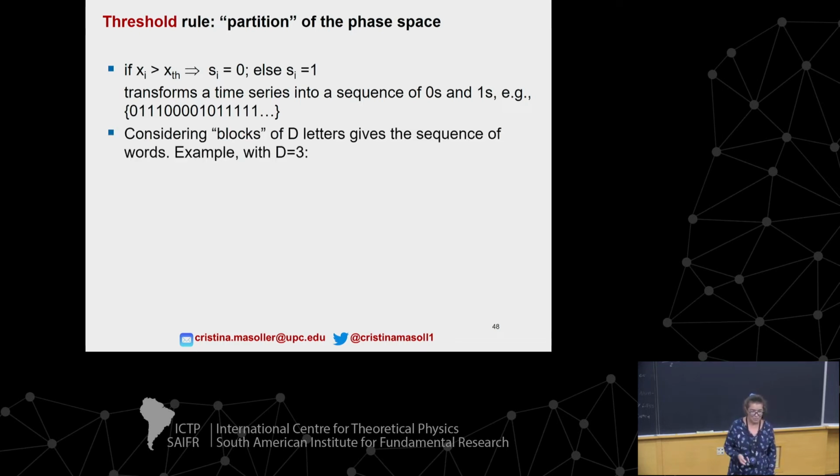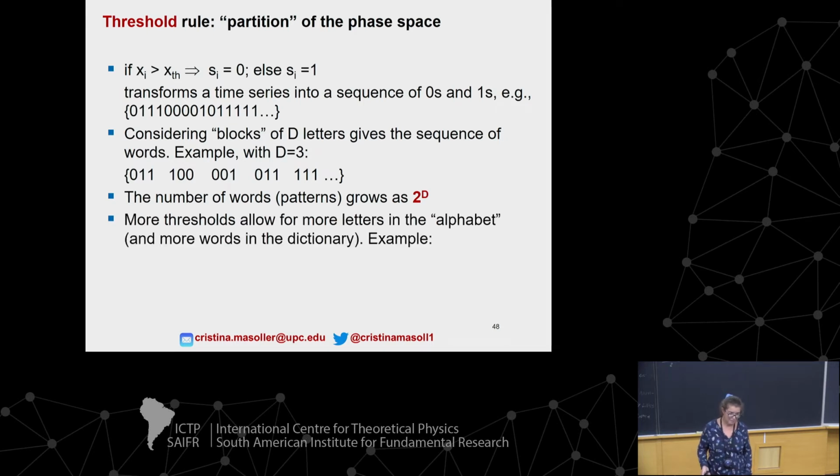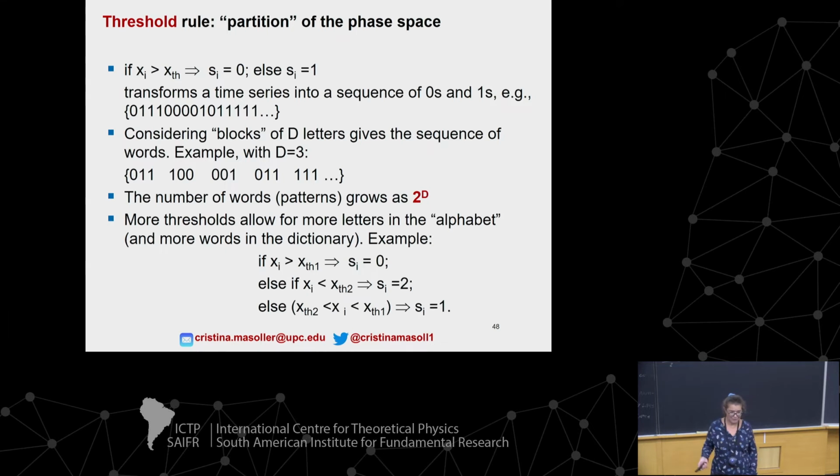And then you can consider these blocks of 3 letters, and your time series can be translated into this sequence of patterns. And this means that depending on the size of the word, the number of patterns will grow pretty fast. And as I said, more thresholds allow you to define more letters.